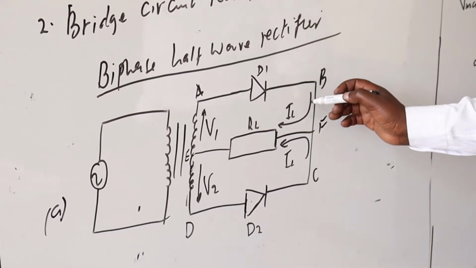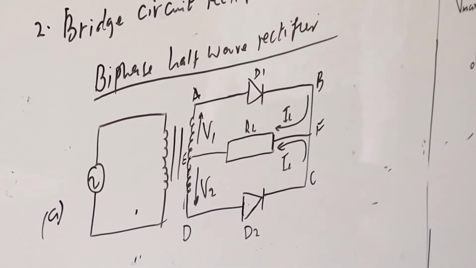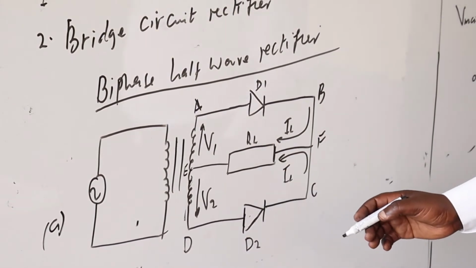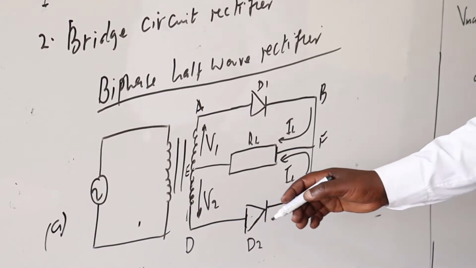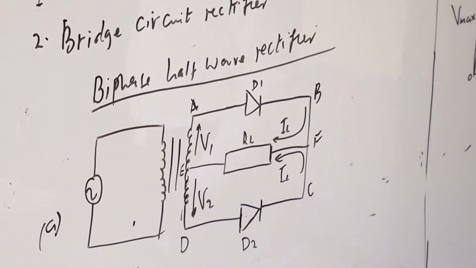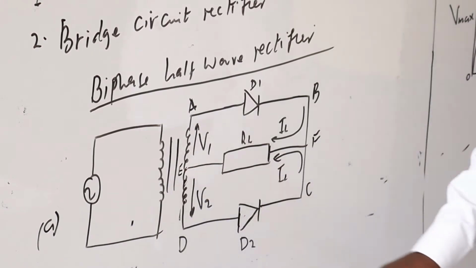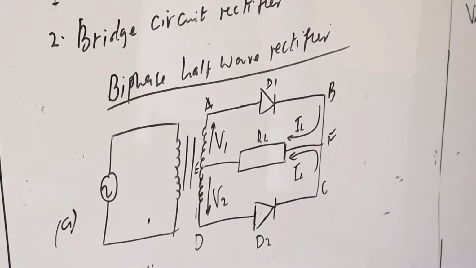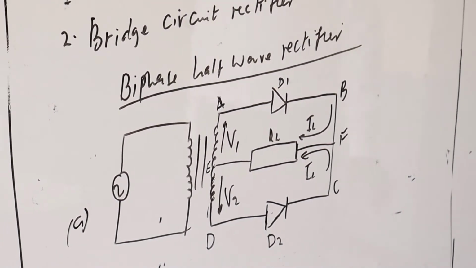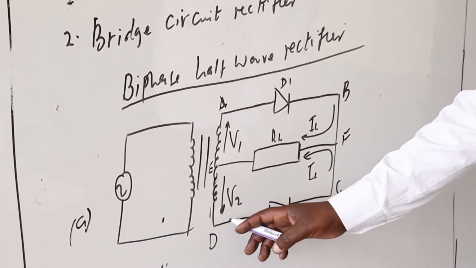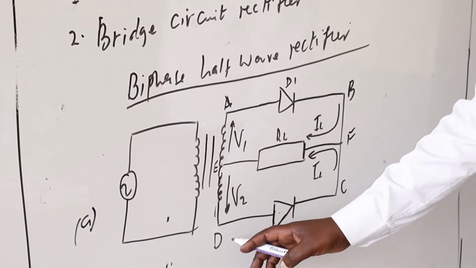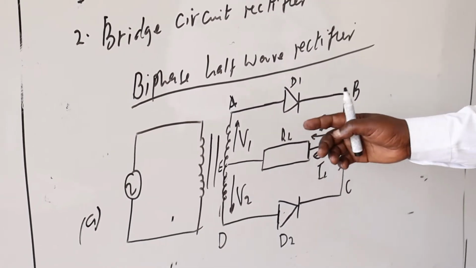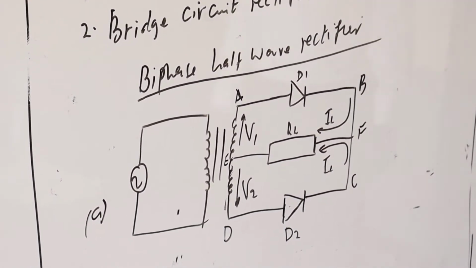So you can see this current flows through the load, that is during the positive half cycle. Secondly, during the negative half cycle, the point D will be positive with respect to our center tap point E. Now the diode D2 will be forward biased, and you can see the current will be flowing through the load along the path D, C, F, E. So you can see the two currents, they are all in one direction.